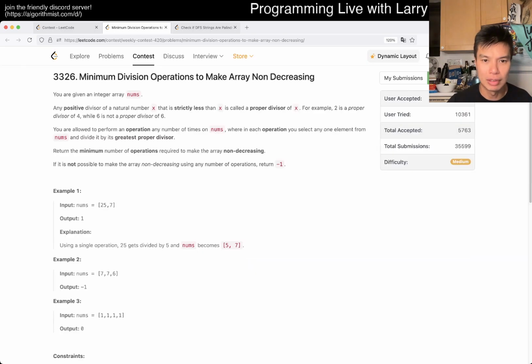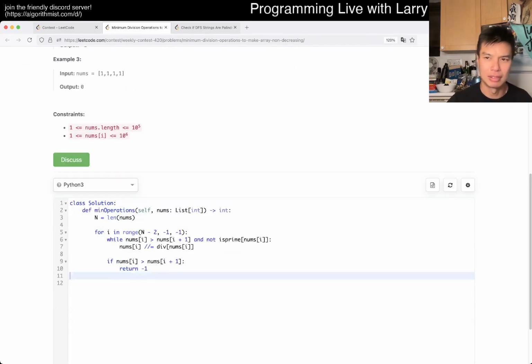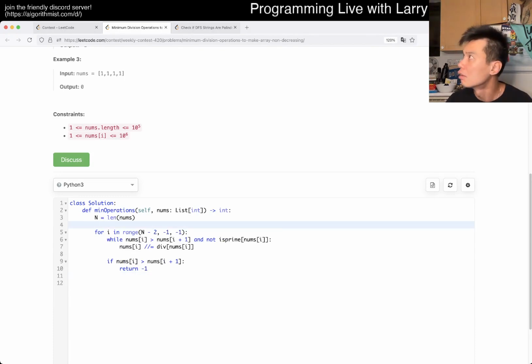Oh wait, what do we have to do? Minimum number of operations. Yeah, there's no choice.